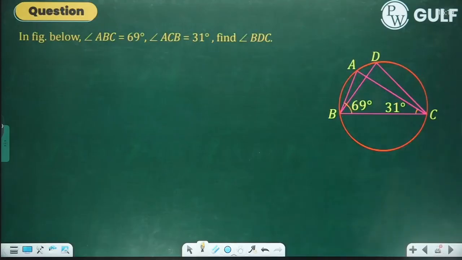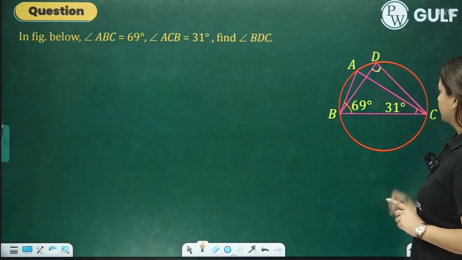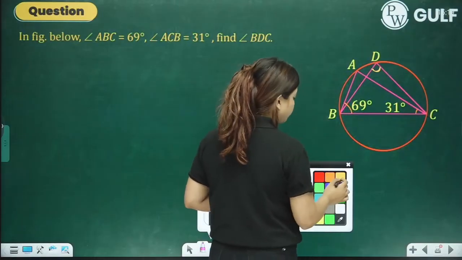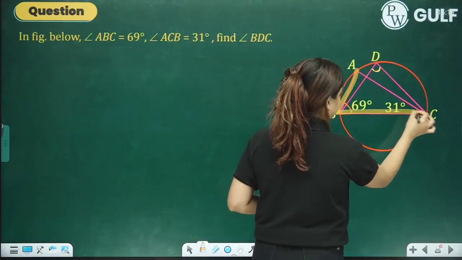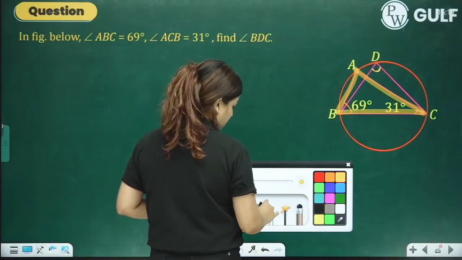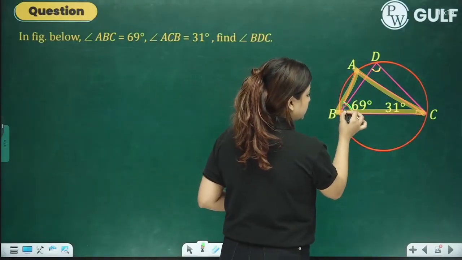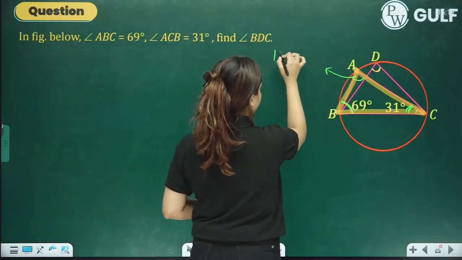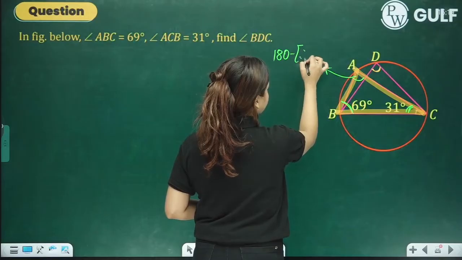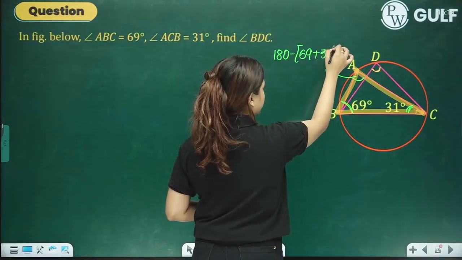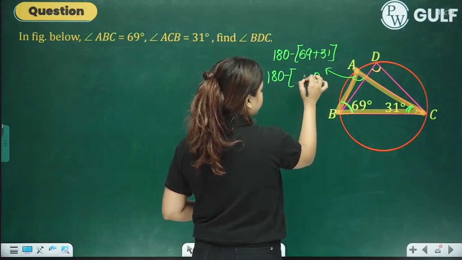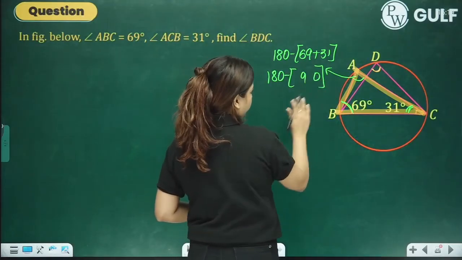The next thing that we have is, we have to find BDC, that is this angle. Very simple. Over here, first focus on this triangle. If this is 69, this is 31. So by angle sum property, this will be equal to 180 degrees minus 69 plus 31, that is 180 degrees minus 100 degrees, sorry.